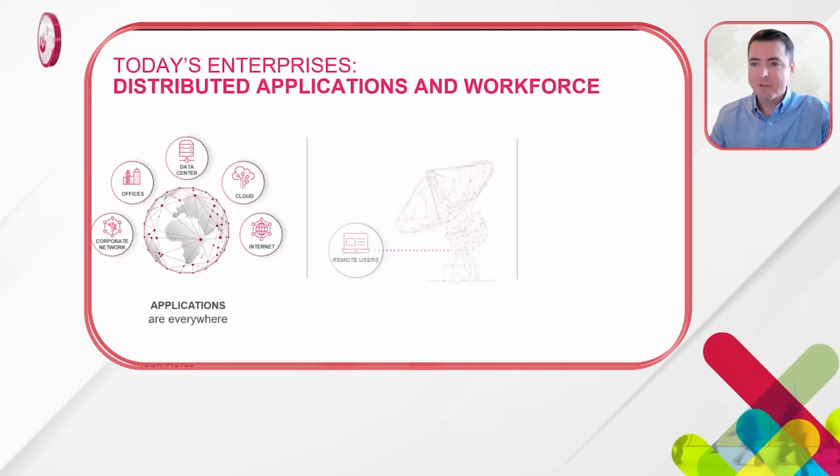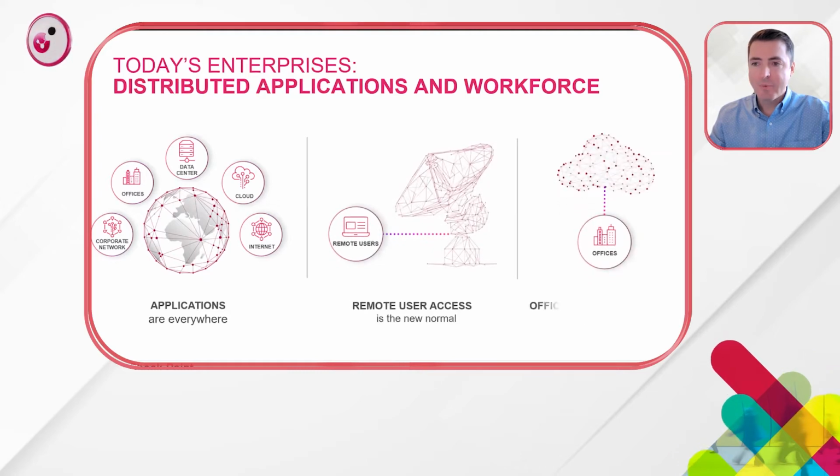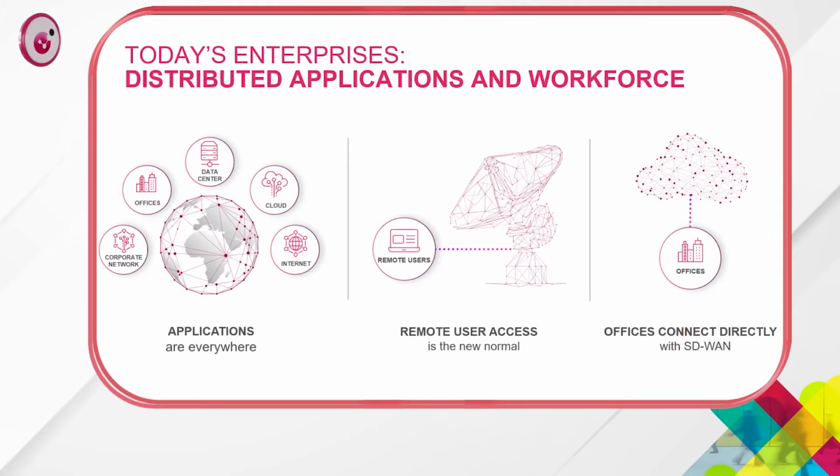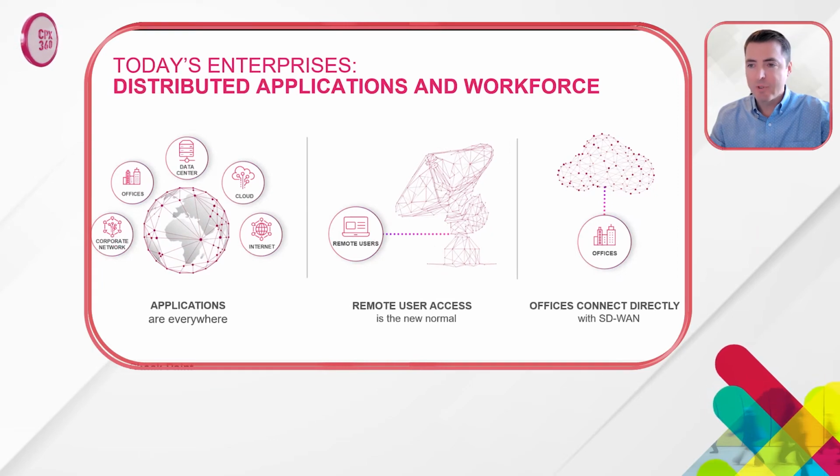To get started, let's talk a little bit about how we came across the SASE suite and why customers are moving towards a SASE model, or Secure Access Service Edge, and adopting solutions like Harmony Connect Internet Access. So as we know, things have changed quite a bit over the last few years. Today's enterprises include a lot of distributed applications and workforce.